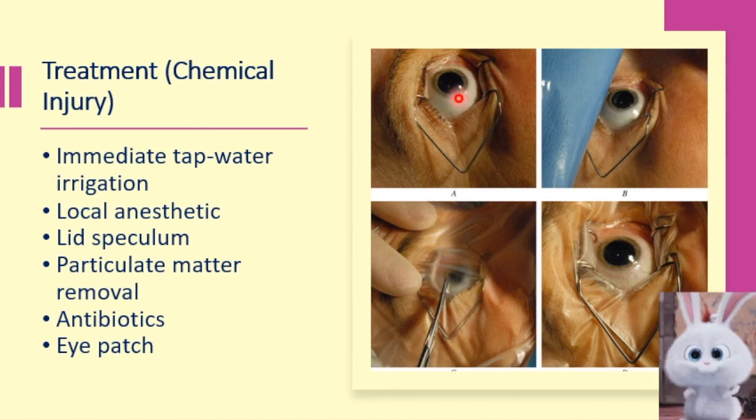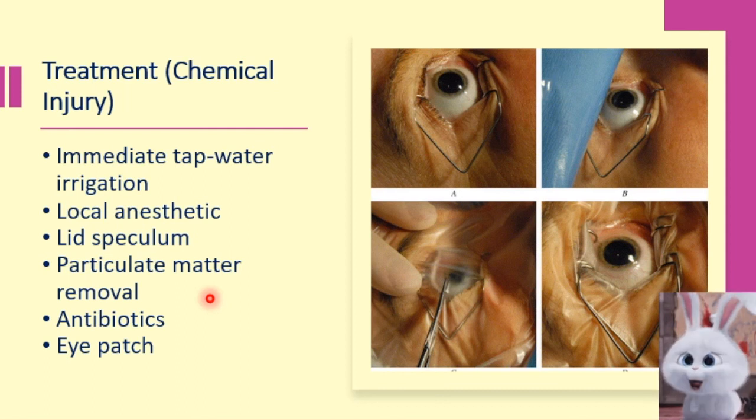Speculum, something to open it up. So, class, the purpose of your lid speculum is to stop the blepharospasm of your patient. Again, when I talk about blepharospasm, it's blinking that we cannot control. And then, class, you have your particulate matter removal. Now, it must be removed from the fornices using your moistened cotton tip applicators and minimal pressure on the globe. When I say globe, that's the globe of your eyes.